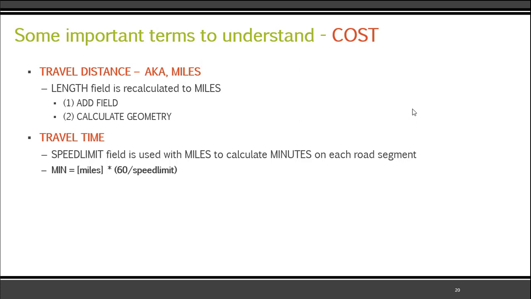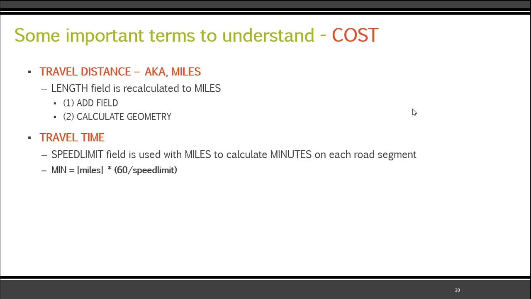So if you needed miles in order to build a road network, you would add a field called miles and calculate the geometry of that field to be the length in miles. If there's no calculate geometry tool, you could just set up an equation that would convert whatever your length units are into miles, and that gives you your miles field.